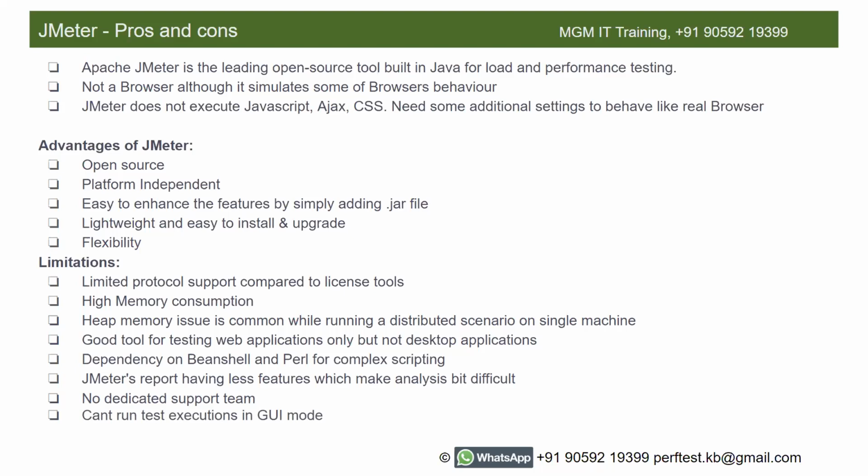The next limitation is that we can't run test executions in GUI mode. One of the biggest limitations is that we can't run the JMeter test executions in GUI mode. With all other licensed tools, we can run the test in GUI mode, yes or no? Those who completed LoadRunner. So what is meant by GUI mode?